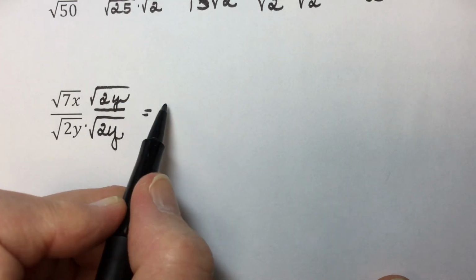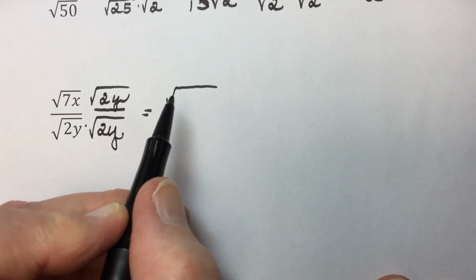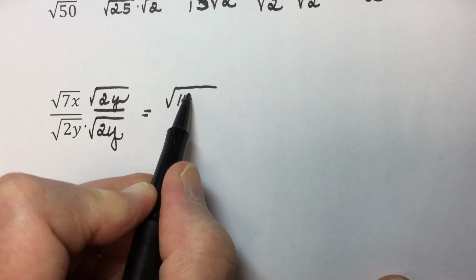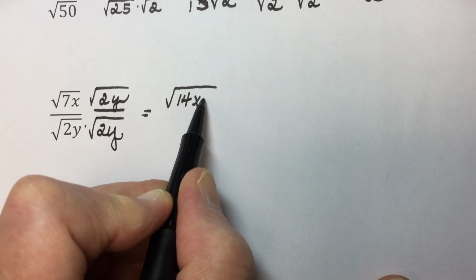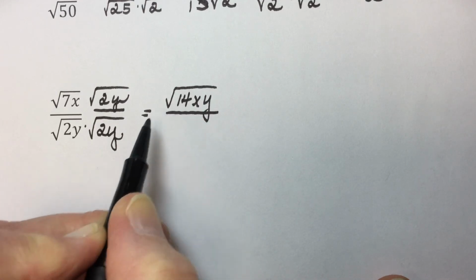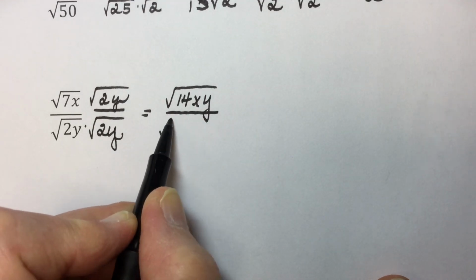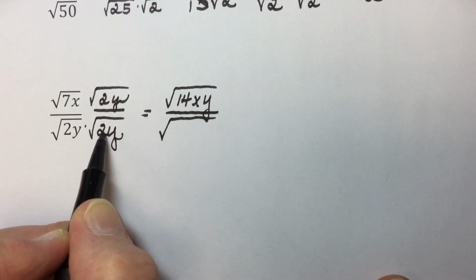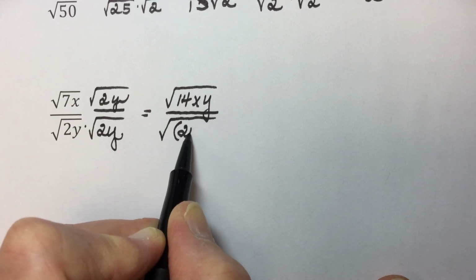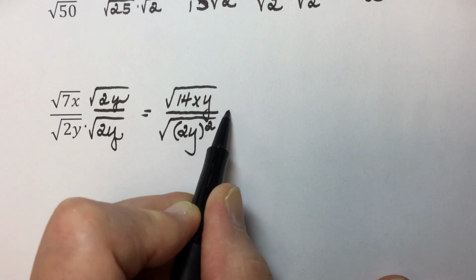Using the product rule, we'll multiply the radicands together underneath one radical sign, so we have a 14xy in the numerator. In the denominator, we will have 2y times 2y, or the quantity 2y to the second power.